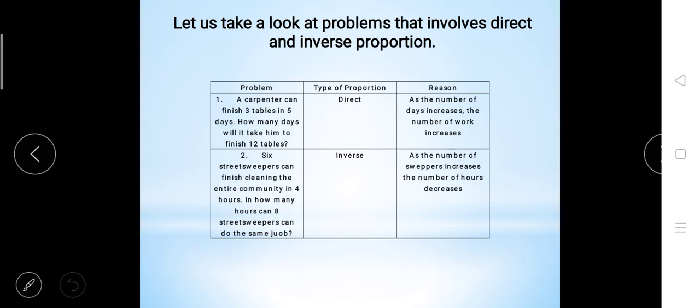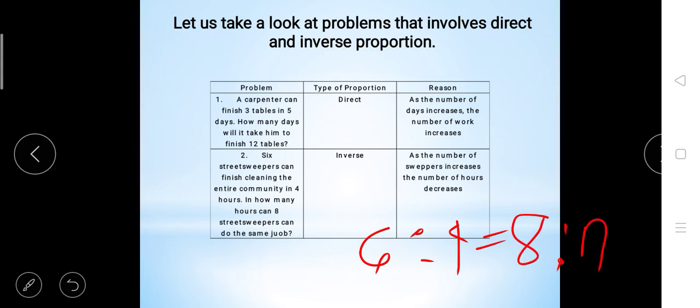Okay, so the proportion for this one will be 6 street sweepers is to 4 hours, while 8 street sweepers and then N dito. Okay, so we have to multiply 4 by 8, that is our mean, and then 6 to N. Okay?